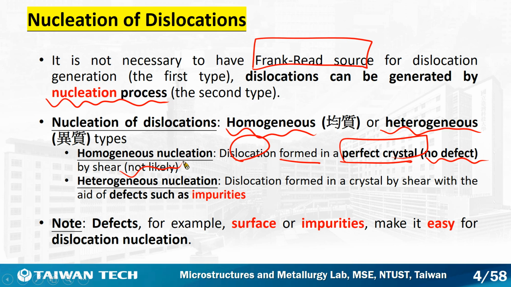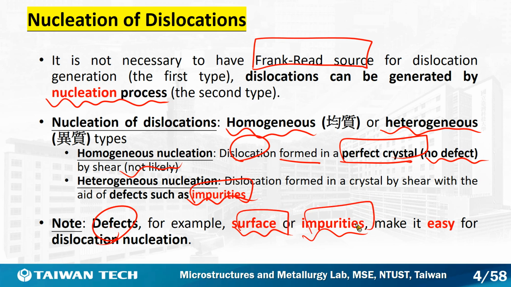Not likely for this one. And the second one is heterogeneous. So we must first have impurities, and then dislocations will form based on this or next to this impurity. So this is what we call heterogeneous nucleation. And note here, you can see the defect, for example, like a surface or impurities.